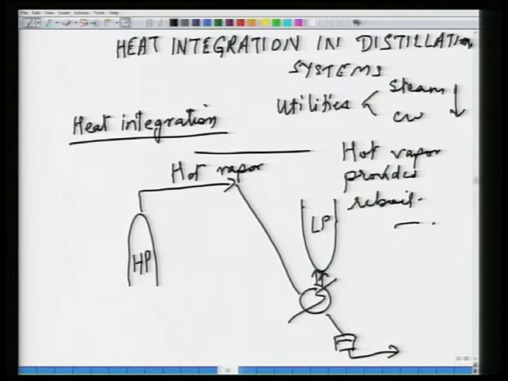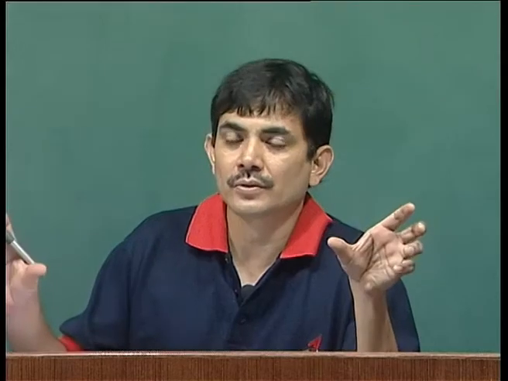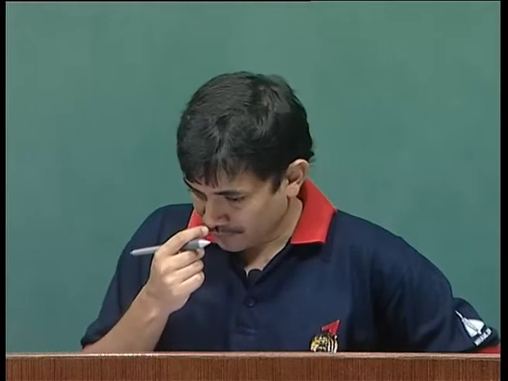Typically, heat integrated distillation systems will have high pressure columns and low pressure columns. The vapor from the high pressure column will be used to provide reboil in the low pressure column, and there are several common configurations that you will come across, and I will just go through them.